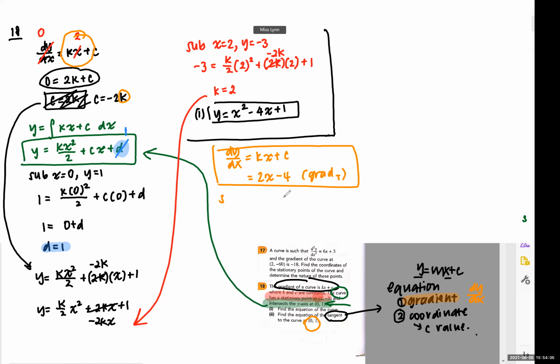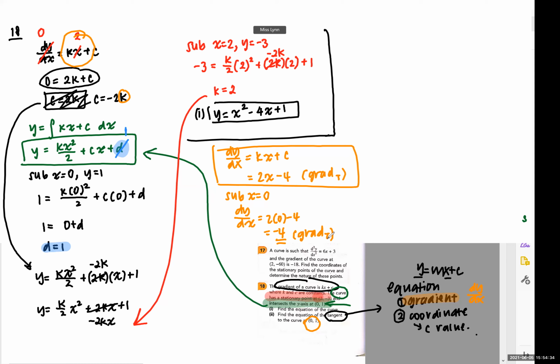Is there any way I can find the actual value of the gradient? Sub your x equals 0. Okay, so I have my actual value of my gradient, and it is -4. So this is the gradient of my tangent.